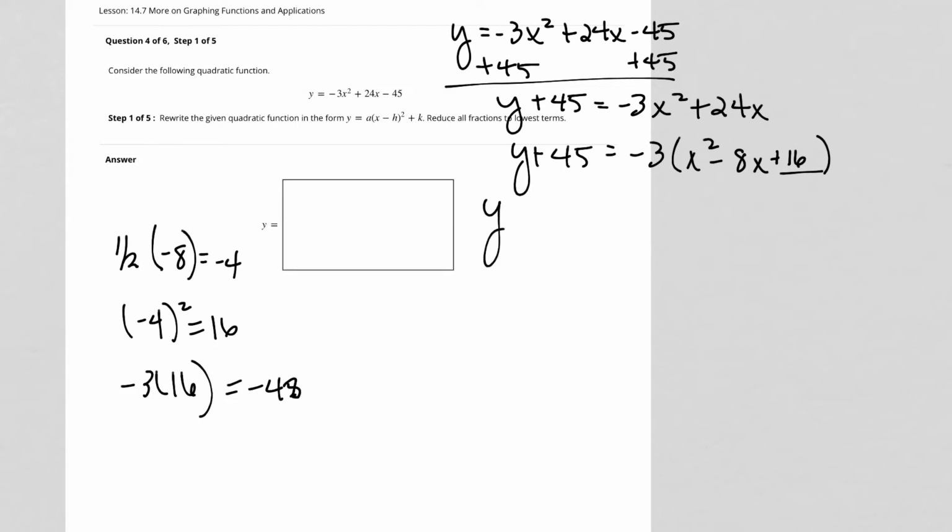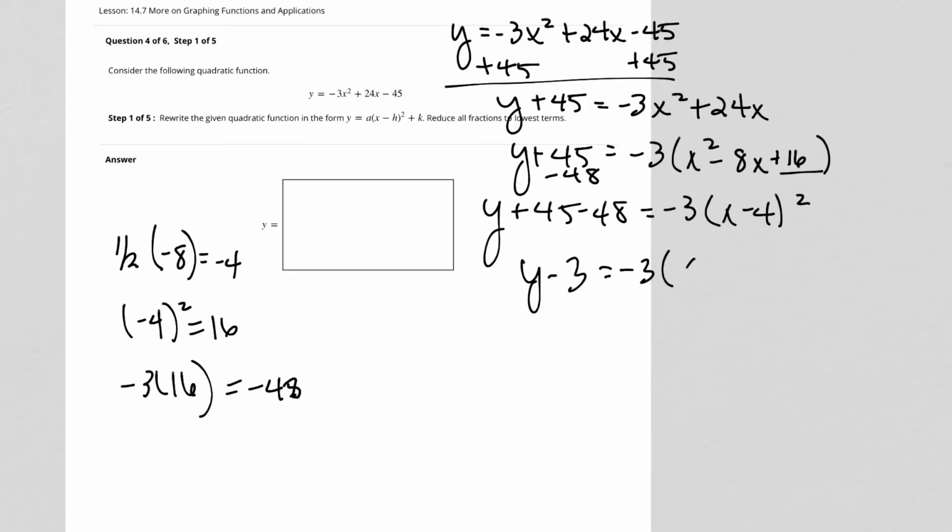So y plus 45 minus 48 equals negative 3 times x minus 4, that quantity squared. Here we're really adding the negative 48 as well. 45 minus 48 is negative 3, so y minus 3 equals negative 3 times x minus 4, that quantity squared.